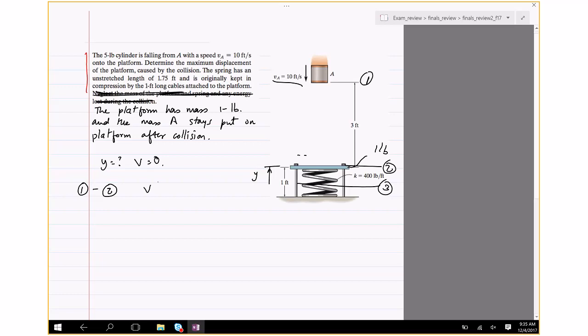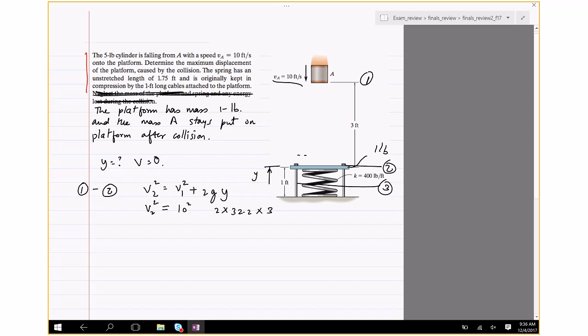So V2 squared is V1 squared plus 2gy. Velocity at 2 is unknown. Velocity at 1 is 10, squared. Gravity is 32.2 and displacement is 3 feet.